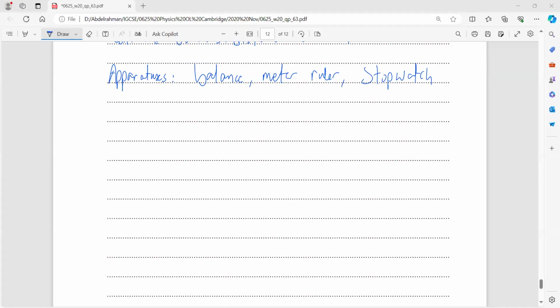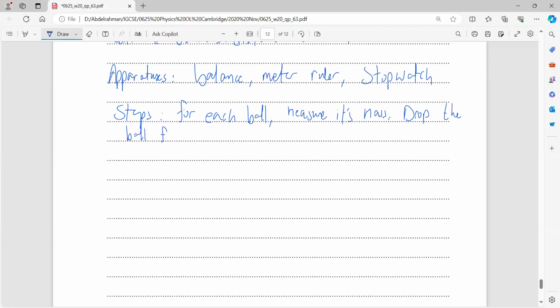What is the method that I will do? What are the steps that I will be conducting? For each ball, measure its mass. And then drop the ball from a constant distance above the water.